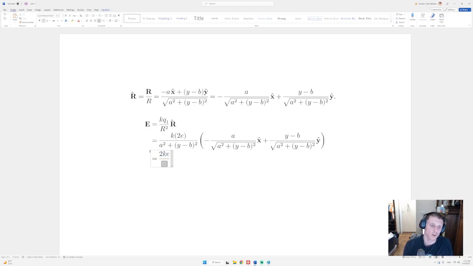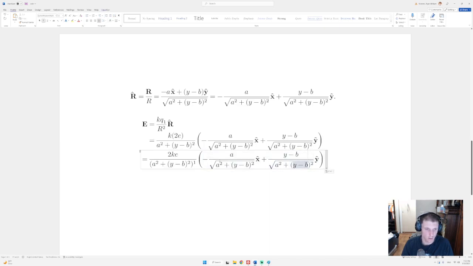But then you want to note probably that this term down here, a squared plus y minus b quantity squared, is technically this whole expression in parentheses also to the first power, right? Now these down here, I struggle with powers, so I'm actually gonna write this out mostly for myself, but hopefully some of you appreciate this as well.